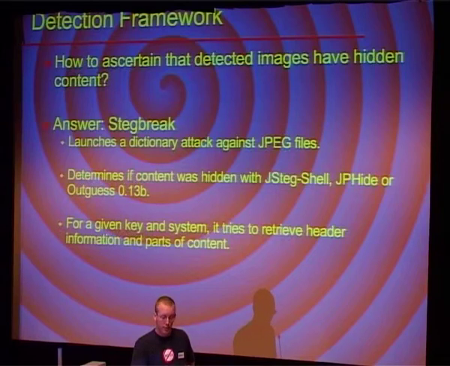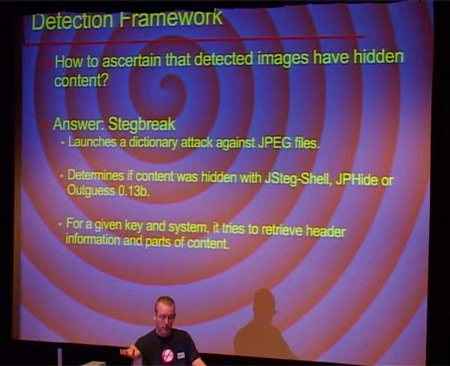So what I did, I wrote a program, stack break, that launches a dictionary attack against the JPEG images that turn up positive with stack detect. And stack detect tells me which system was likely to be used, so I can tell stack break what system it should do the dictionary attack against.